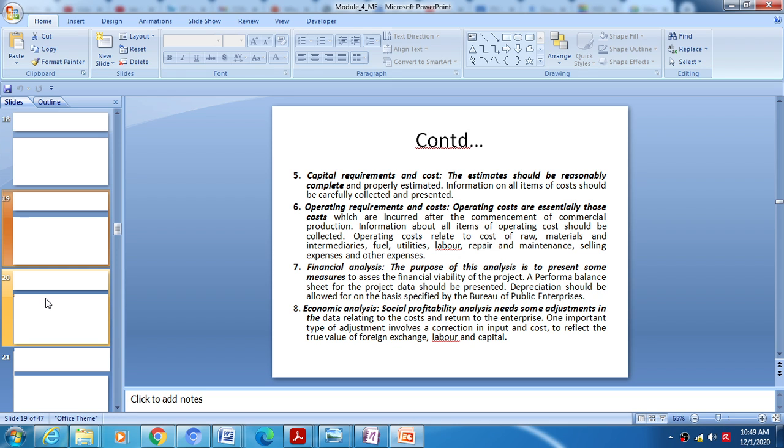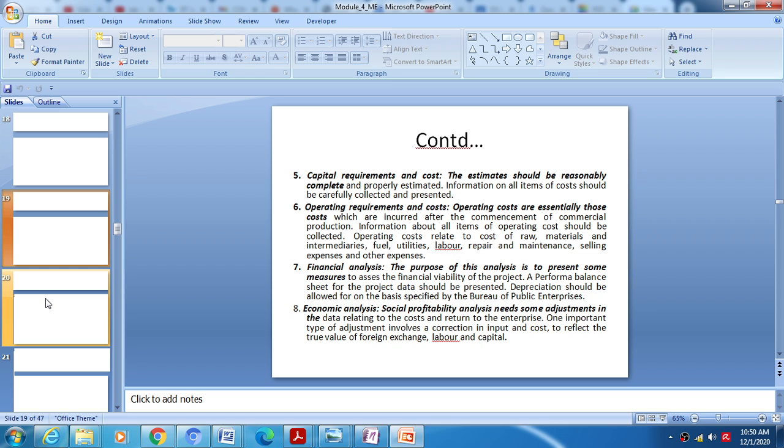So financial analysis is nothing but studying the viability of the process in a financial aspect, or from the viewpoint of finance. That itself is called financial analysis.